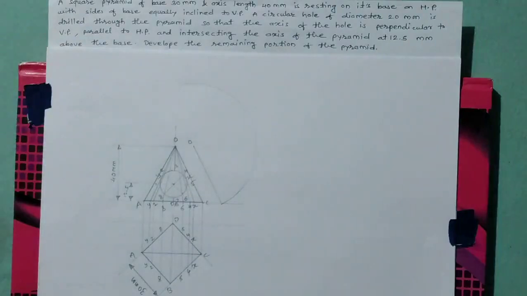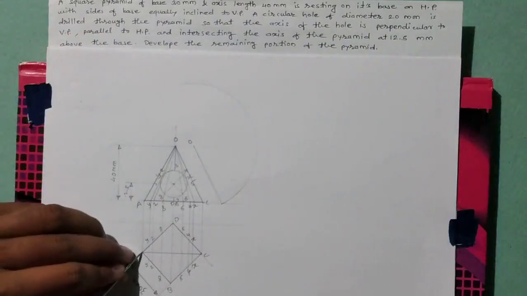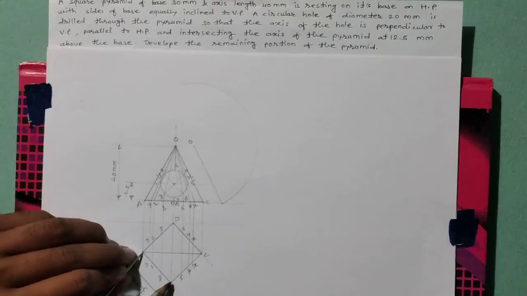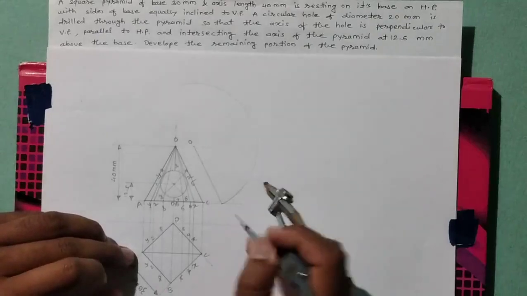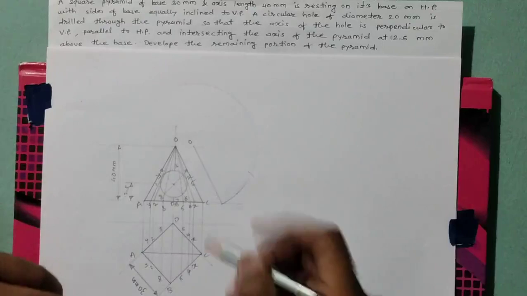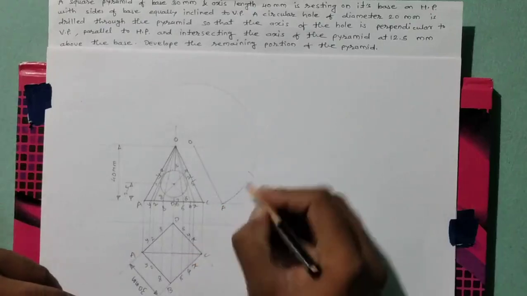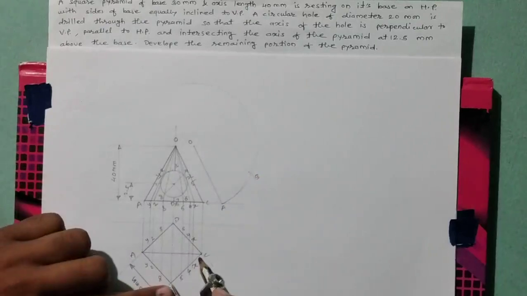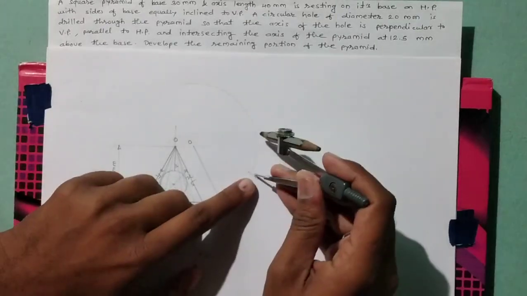After drawing this arc, take the distance from A to B and put it here. Name the points A, B. After that take B to C and put the point here.